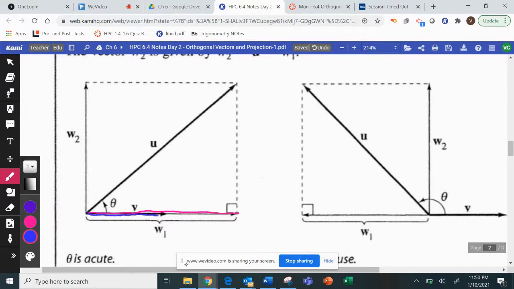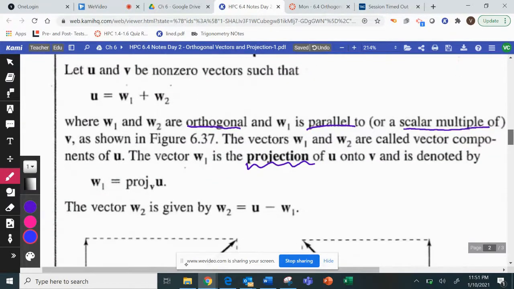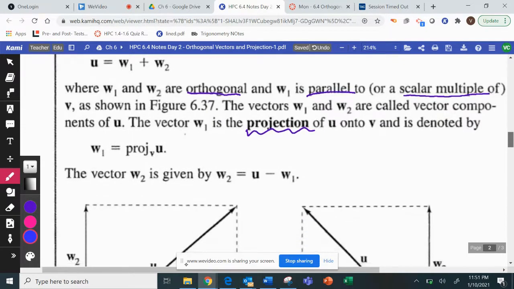That's what I was saying above. Or W2 could be the scalar multiple. Which one does it say up here? Yeah, W1 is parallel to or the scalar multiple of v.